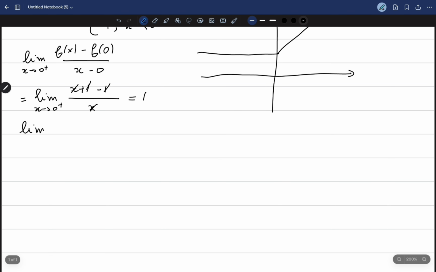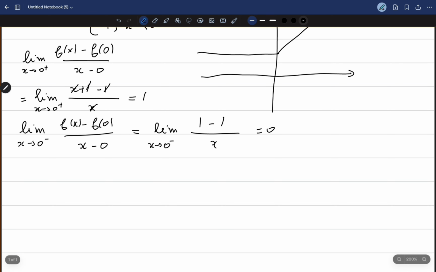Now the limit from the left, as you can expect, it should be 0, because the function from the left is constant, and the derivative of a constant function is 0. So that's the limit as x goes to 0 minus. f of x from the left is 1, f of 0 is 1, so that's 1 minus 1 over x, and that's 0.